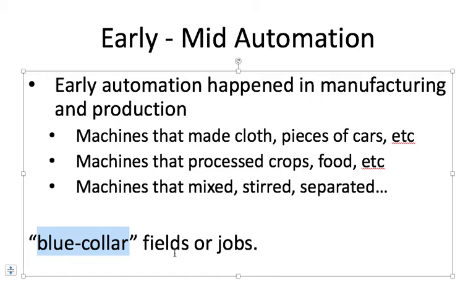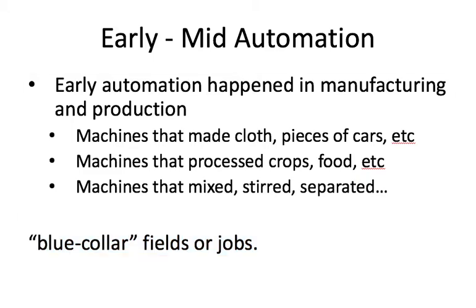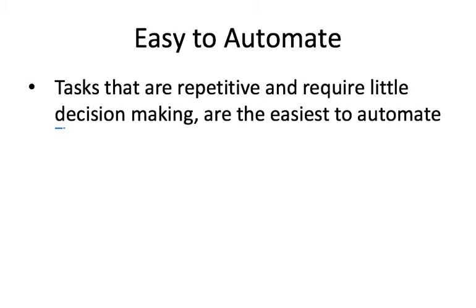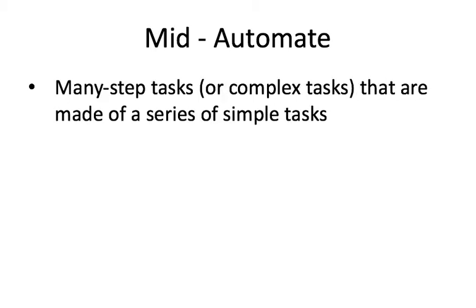These are considered blue collar jobs. Cooking would fall into this. So a lot of blue collar jobs are the ones that are first automated when automation starts going into a field. And like I said, this is why they automate those tasks.